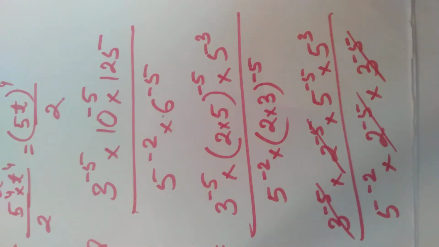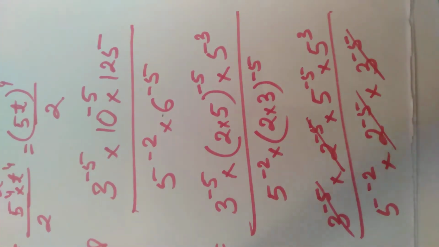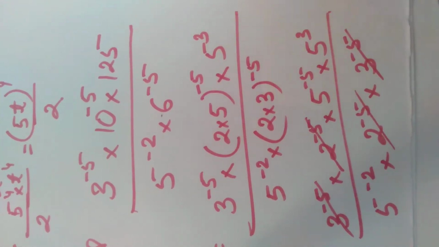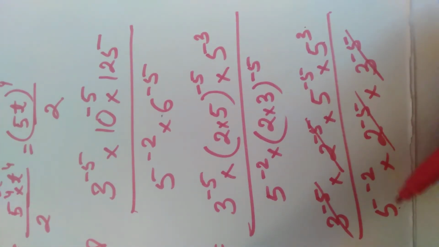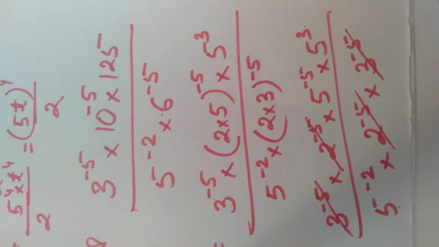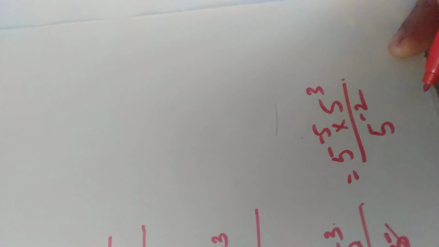So remaining is 5 to the power minus 5 into 5 to the power 3 whole upon 5 to the power minus 2. Now here all the power of 5 is remaining, so we have to just calculate them.